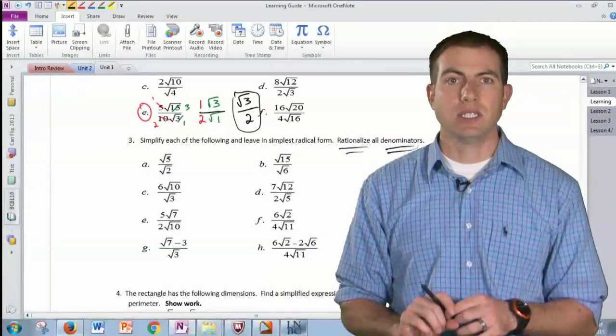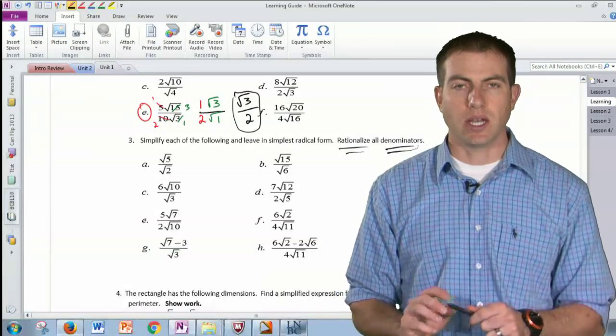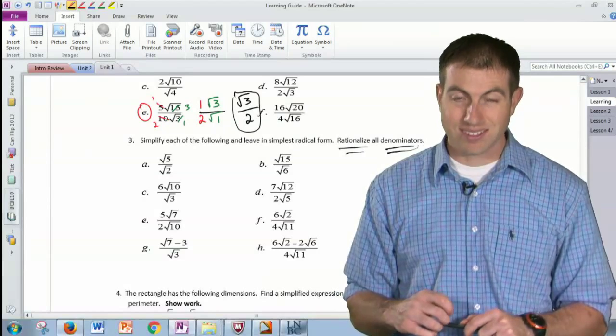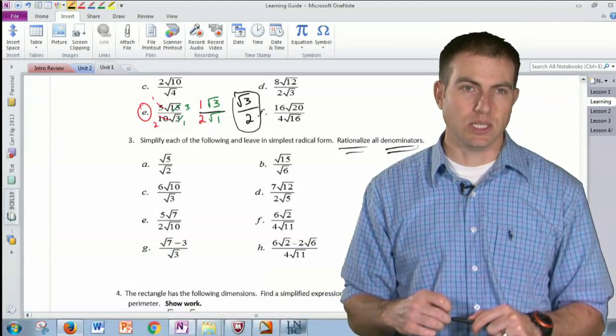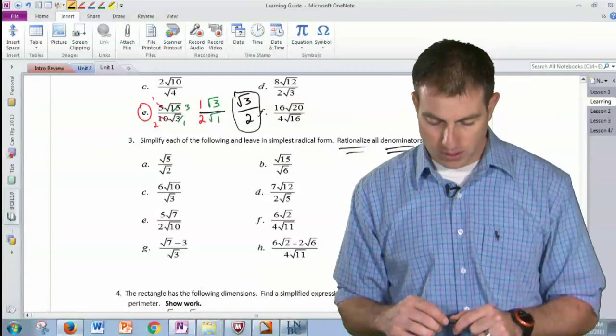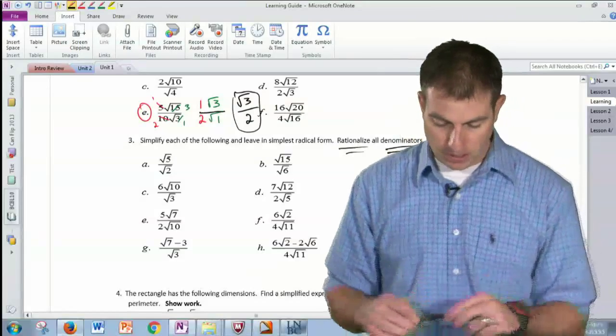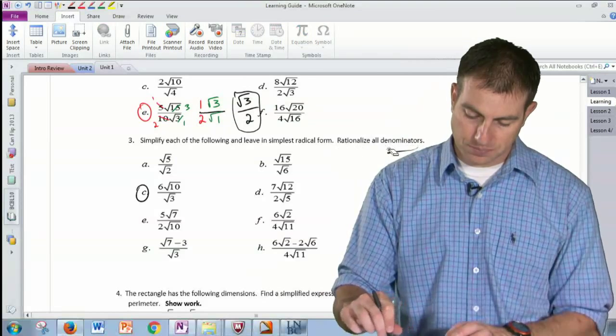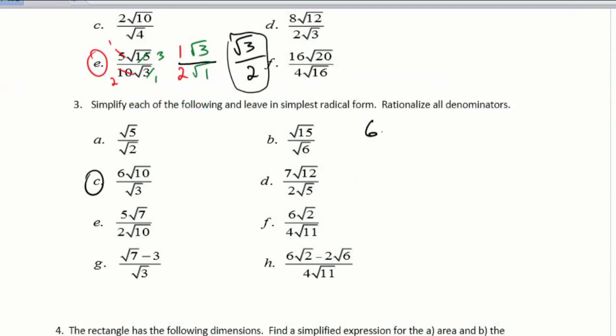We can never leave an answer with a square root sign in the denominator. Just one of these math things that we do. So let's pick one. Maybe we'll pick C. I'll do C for us. So we have 6 times the square root of 10 divided by square root of 3.